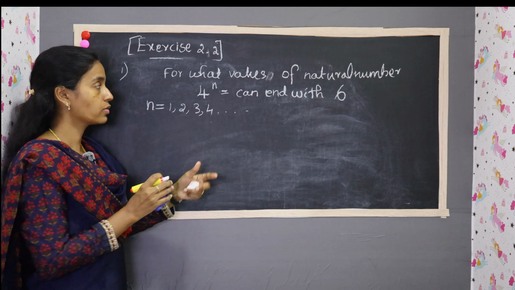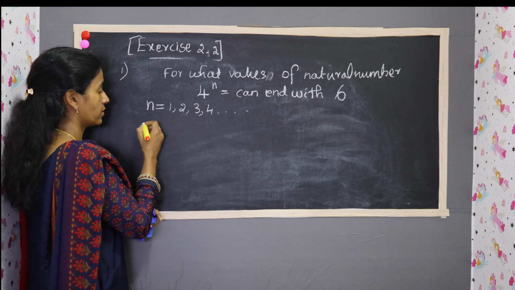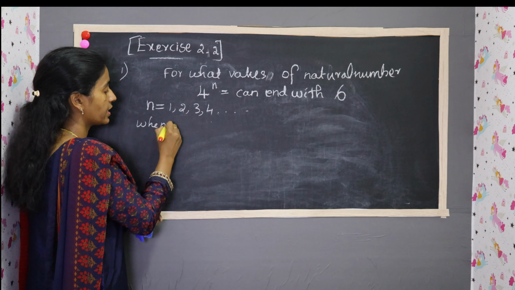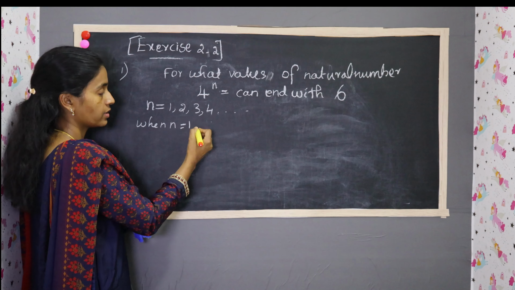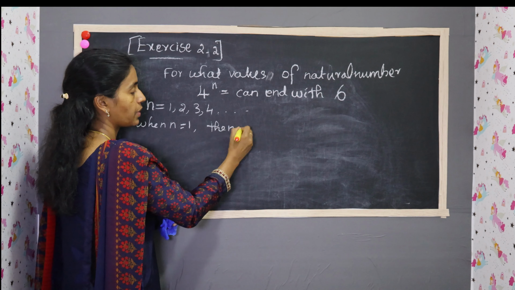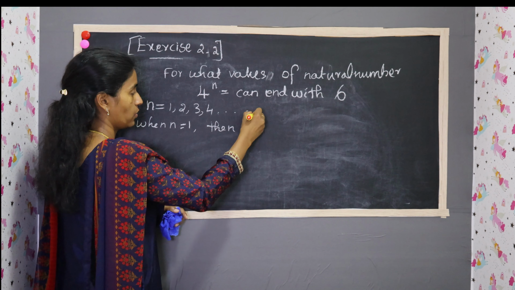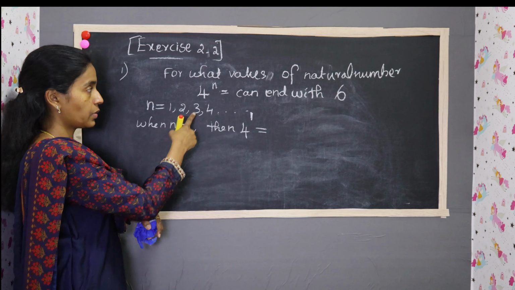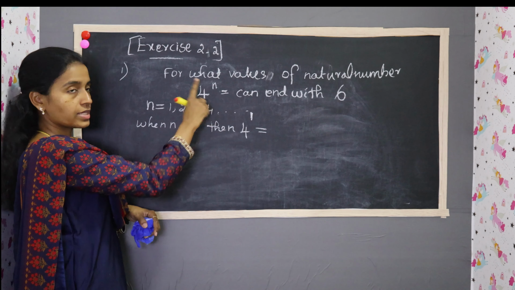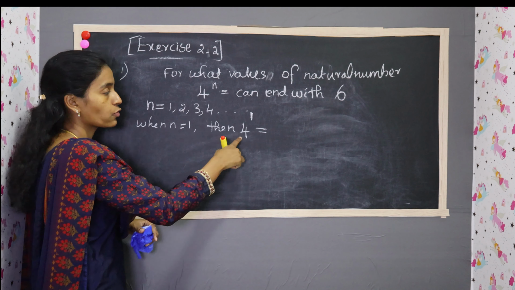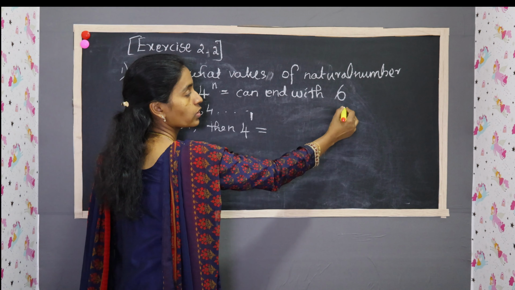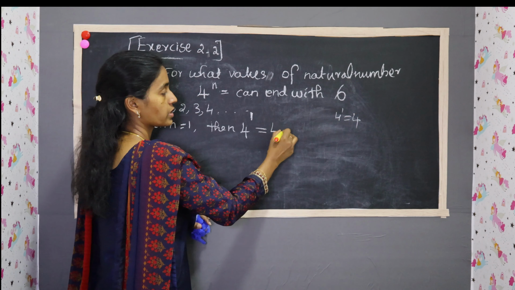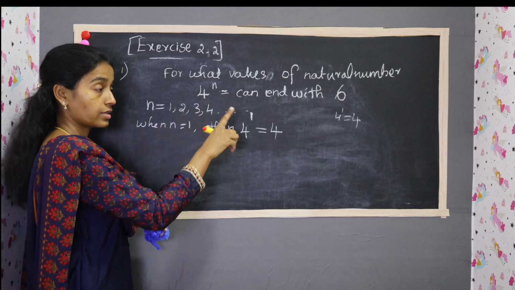When n equals 1, 4 power 1, I'm applying 1 in place of n. So 4 power 1 means 4. The answer is 4.